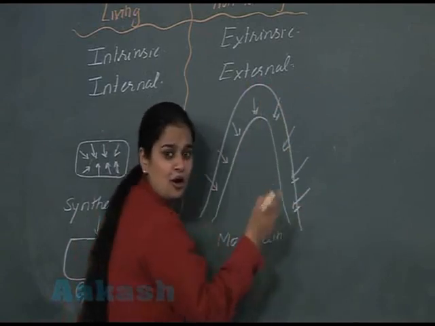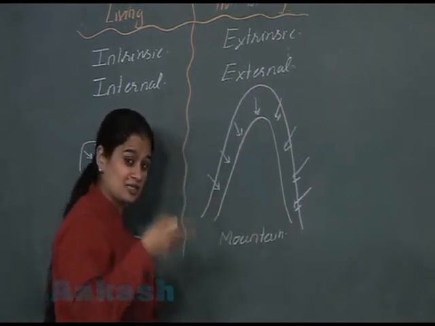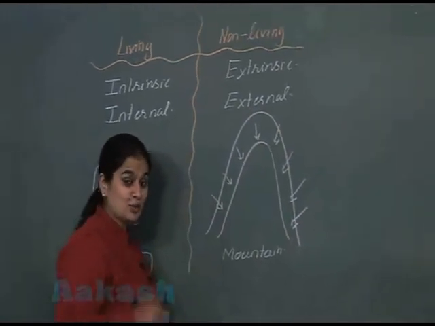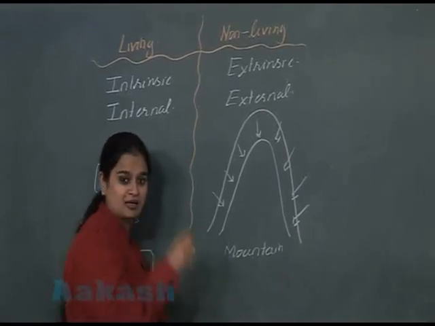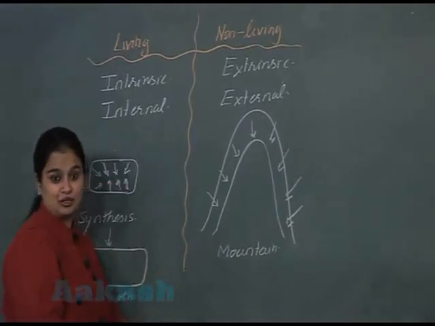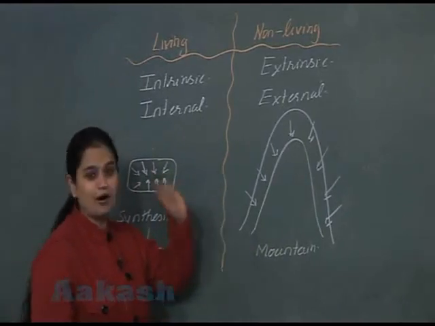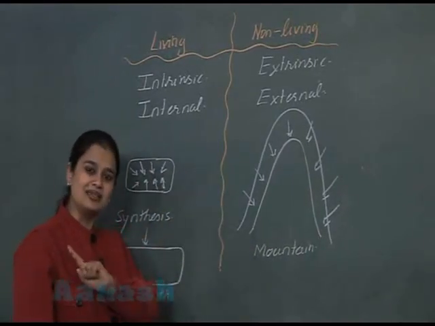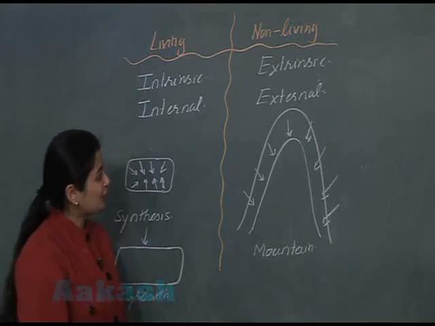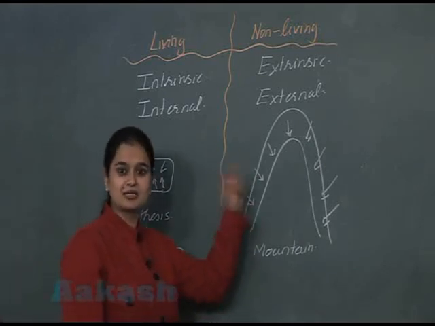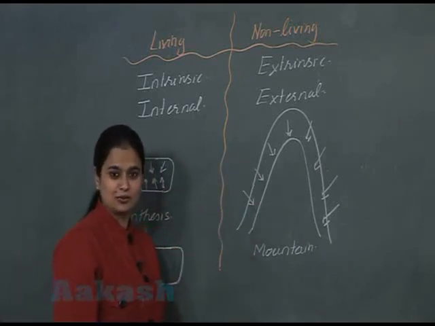They are added on the surface, due to which size will increase. So here the growth has occurred due to the addition of substances on the surface, not inside. That's why you are going to call it external, extrinsic growth.